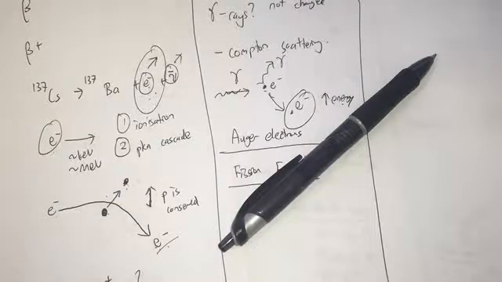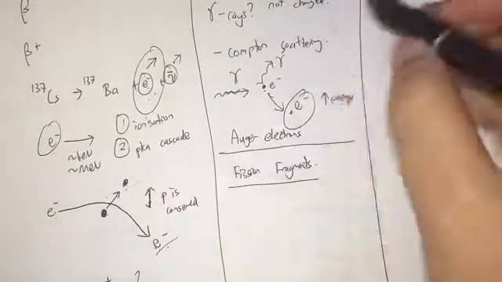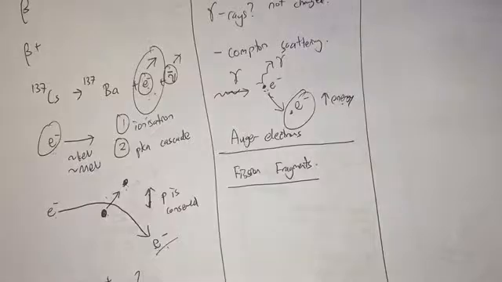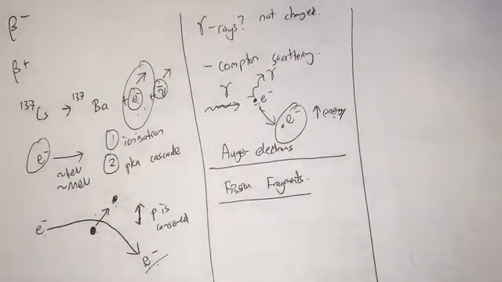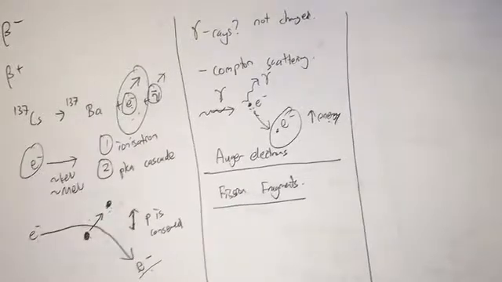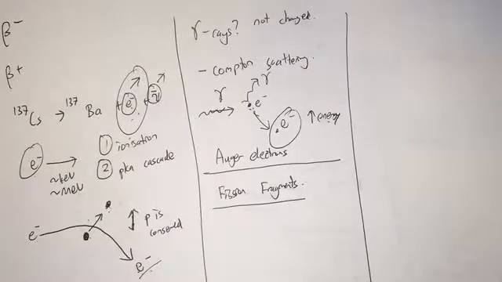So some of these electrons are called Auger electrons. If this electron is inside the innermost shell of the atom and is knocked off by, let's say, an X-ray or gamma ray, okay?